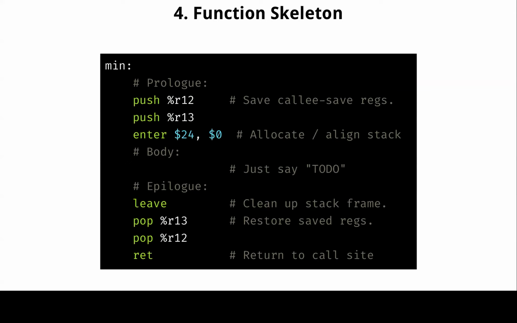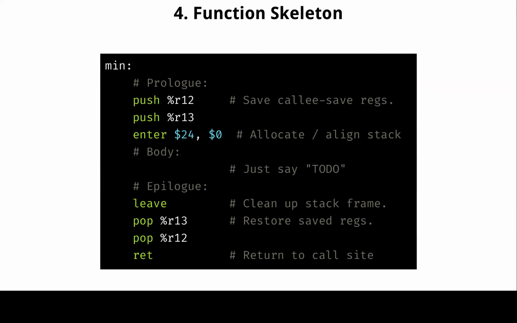Since we're not writing the body yet, we're not really using them. We want to use a local variable R12. We're not using stack for that, we're using a register. Because this is a callee-saved register, we have to save it. We have to push it to stack, and eventually we want to pop it.